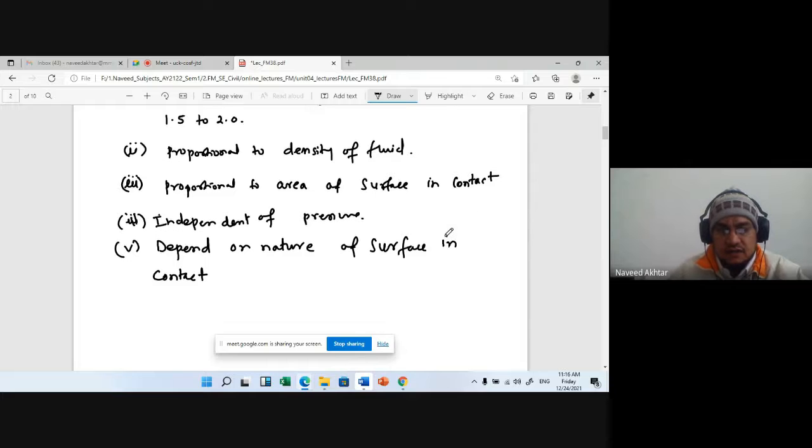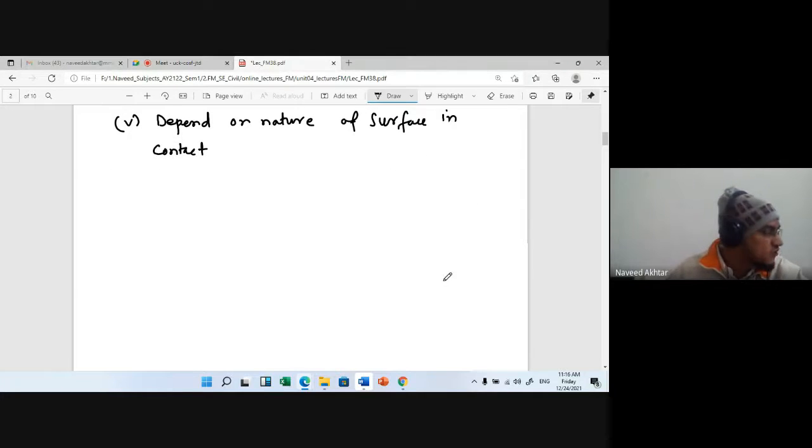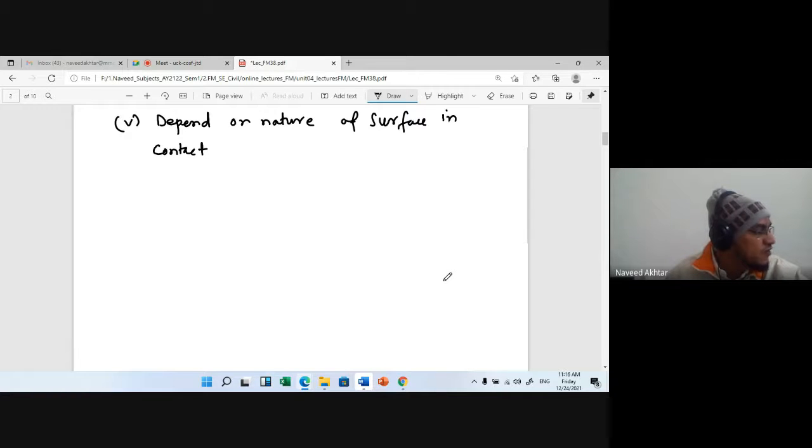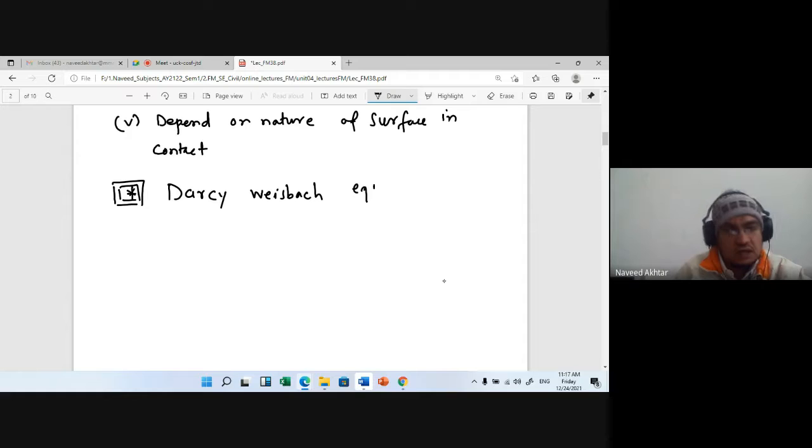So before going for the friction factor, we will see the Darcy Weisbach equation for loss of head in a pipe.